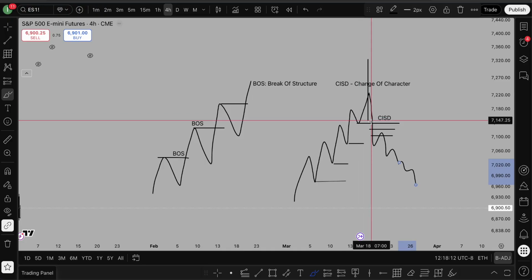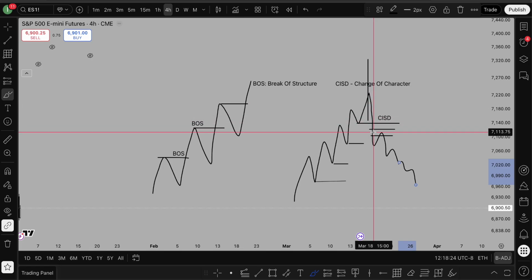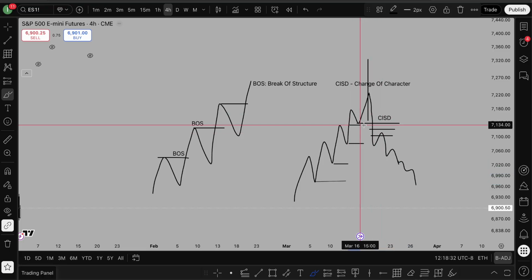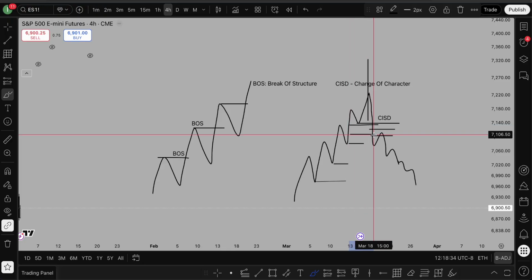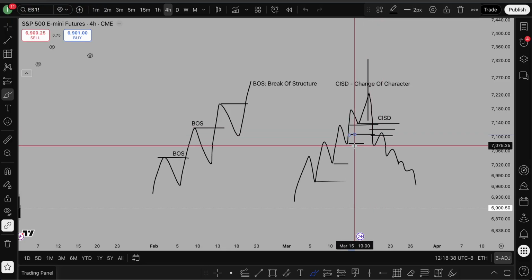But as soon as we break below the low here, that's my first signal that we might be changing our state of delivery from bullish to bearish. Okay? And then we respected the gap. Now, let's say there was a gap here. I know my drawings are probably getting confusing, I'm sorry, but if you can keep up, this will make a lot of sense.